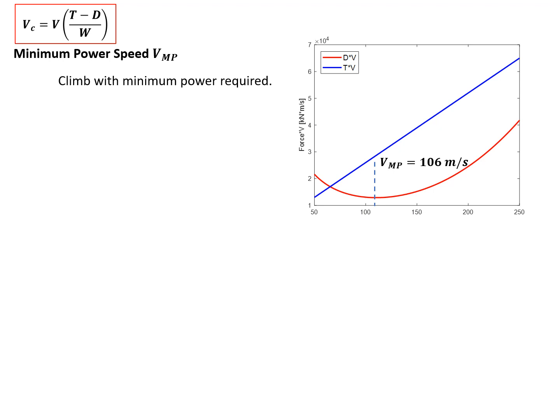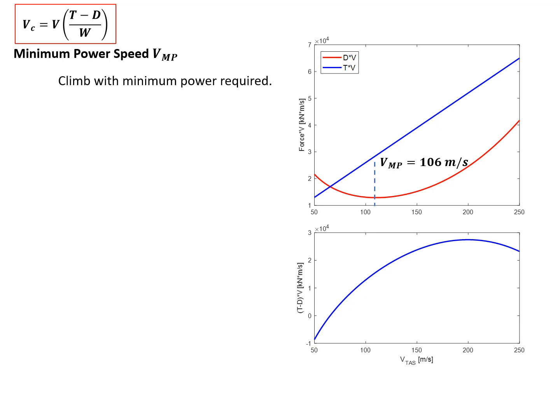At this airspeed, there is a minimum power requirement to overcome the drag, so we define it as the minimum power speed VMP. According to the curve, it's 106 meters per second. The physical meaning is that if the aircraft climbs at this VMP, it is climbing with the minimum power required.